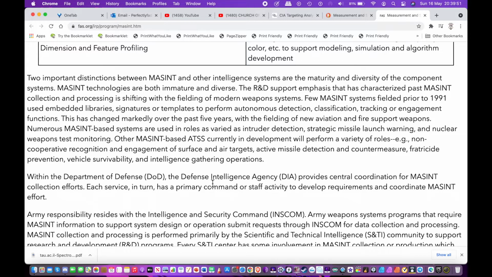Other MASINT-based ATSS currently in development will perform a variety of roles: non-cooperative recognition and engagement of surface and air targets, active missile detection and countermeasure, fratricide prevention, vehicle survivability, and intelligence gathering operations.